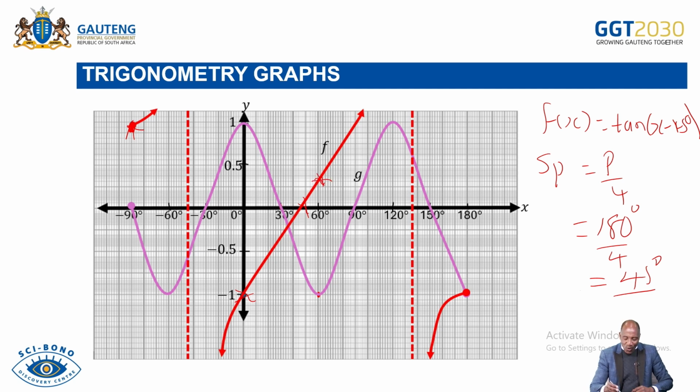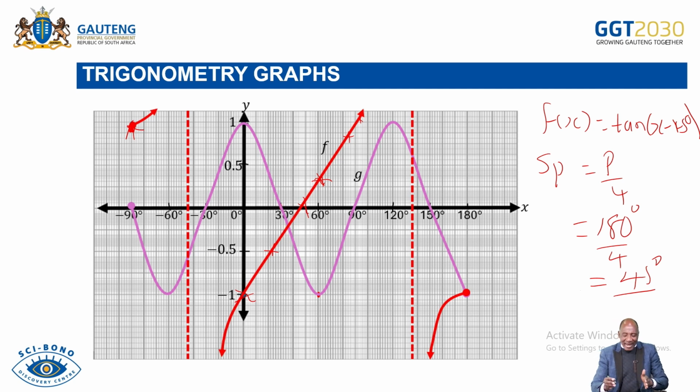We plot all those points going up until all of them have been plotted, angle after angle. 90 degrees is further up there. Then you can see the graph is getting closer and closer towards the vertical asymptote of x equals 135 degrees. So this is a tangent graph that is trapped between negative 45 degrees and 135 degrees.